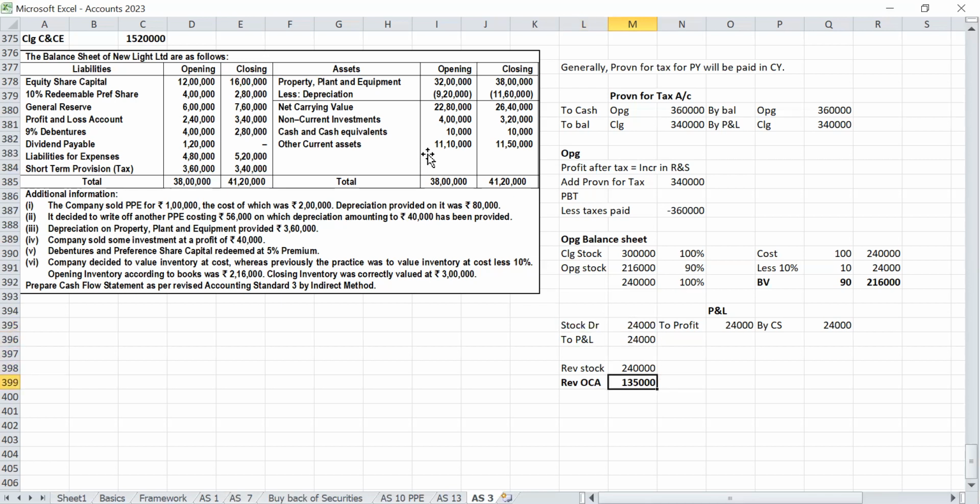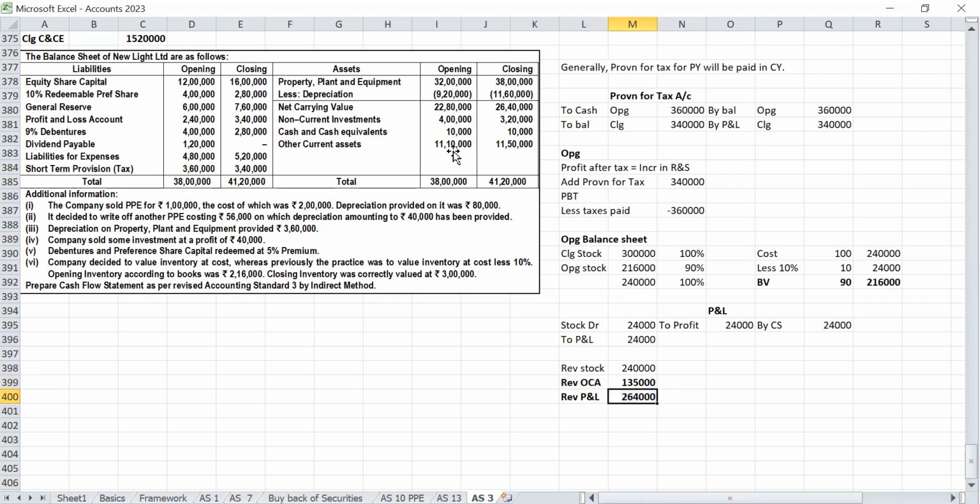That is the first type. Then the revised profit and loss account balance: opening 2,40,000 is given, plus this 24,000, so 2,64,000. So the opening balance of the profit and loss account and the opening balance of current assets we have to change, increasing by 24,000.